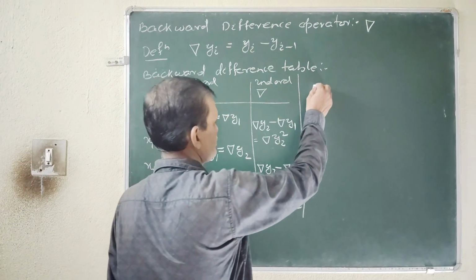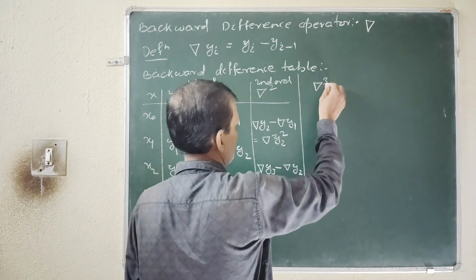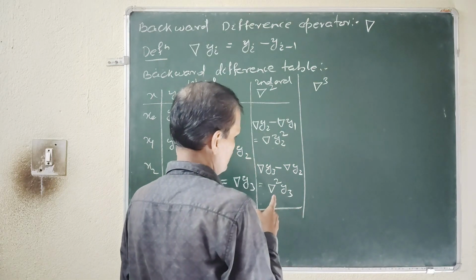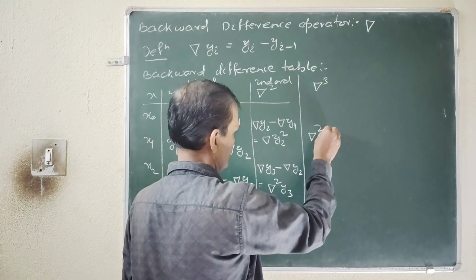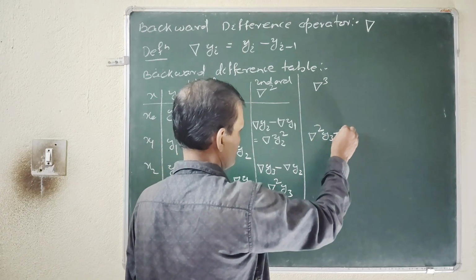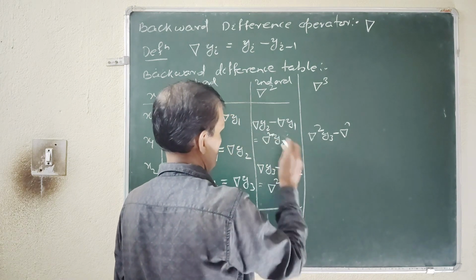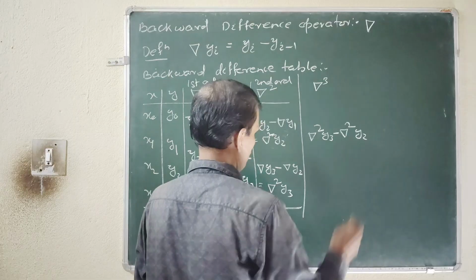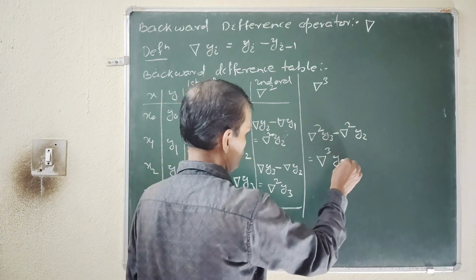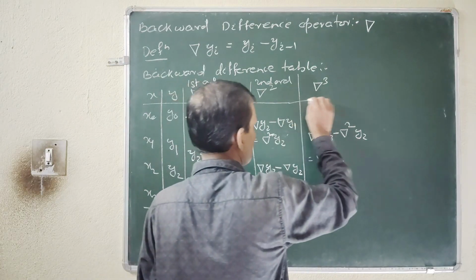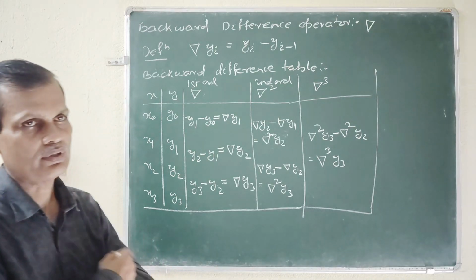Then go for the third order. In third order, this is the new one and this is the old one, that is backward delta square y3 minus backward delta square y2, which gives backward delta cube y3. So this is the idea of how we generate the backward difference table.